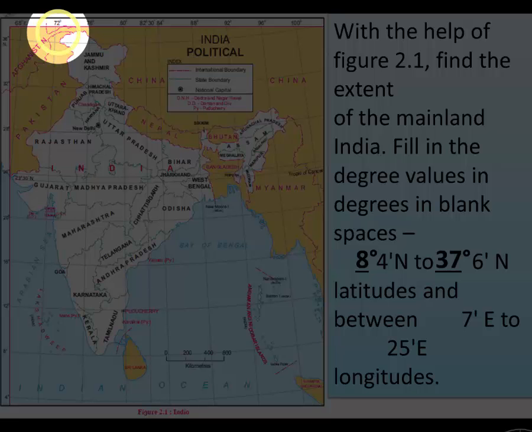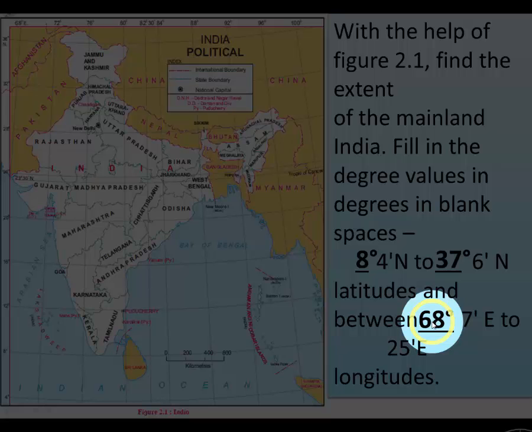So India lies in the northern hemisphere, between 8 degree 4 minutes to 37 degree 6 minutes north latitude in terms of latitude.